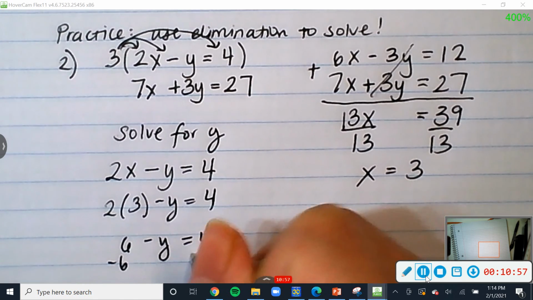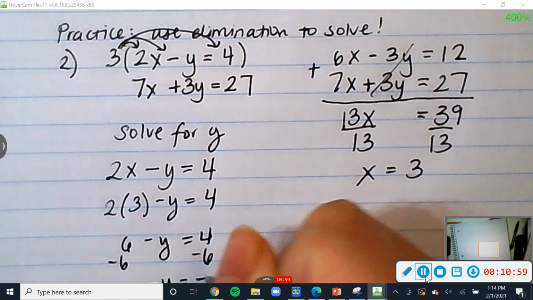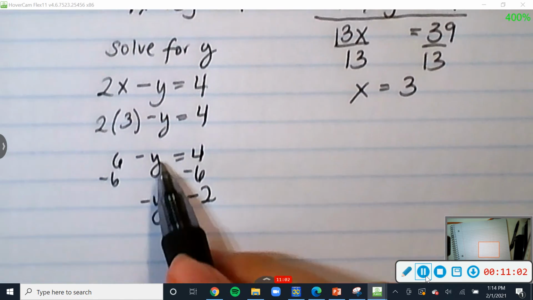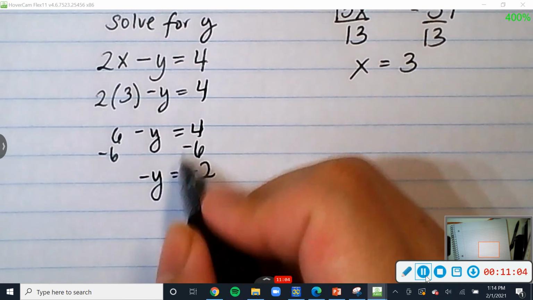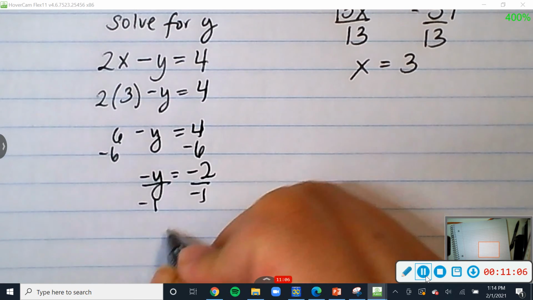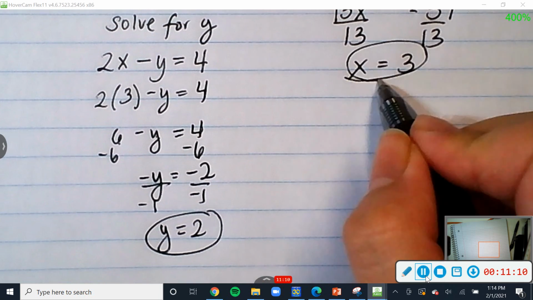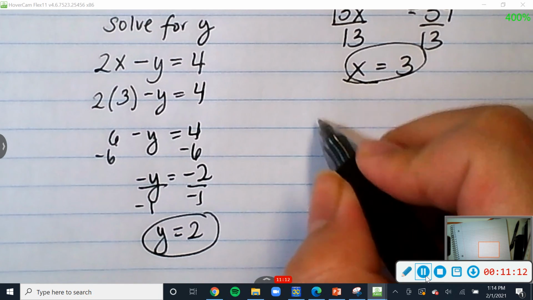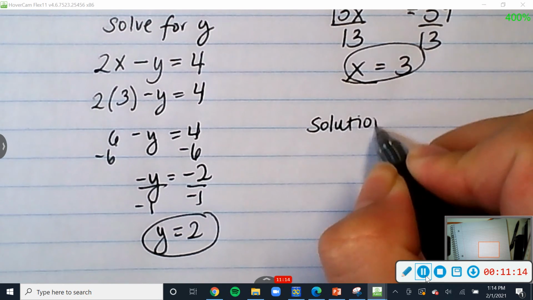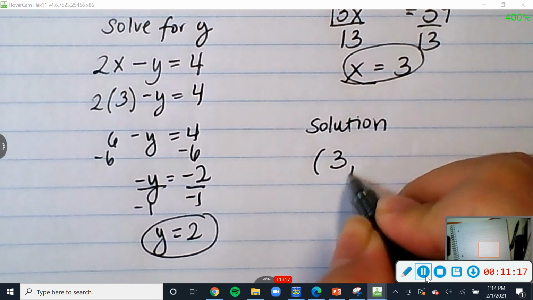We're going to subtract 6 on both sides. Make sure that you keep that minus sign in front of the y the whole time, because at the end we need to divide by negative 1 to get y by itself. So we got y equals 2 and x equals 3. Our solution, written as a coordinate point, will be (3, 2).